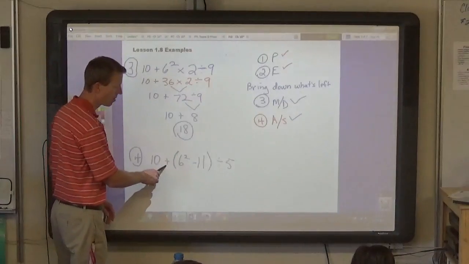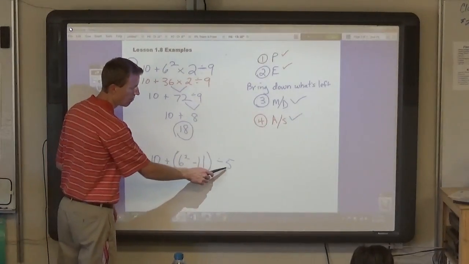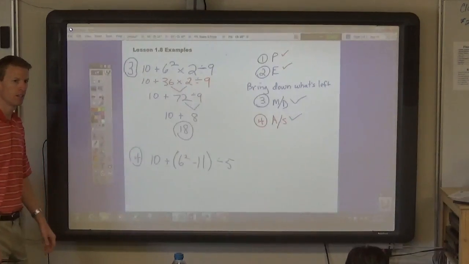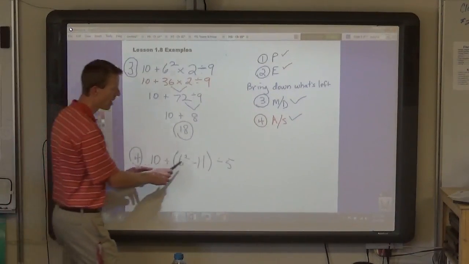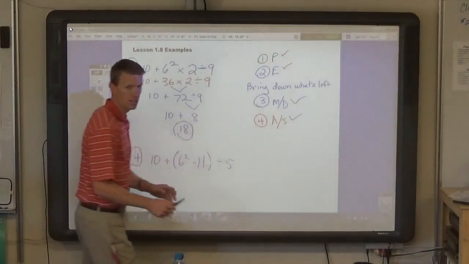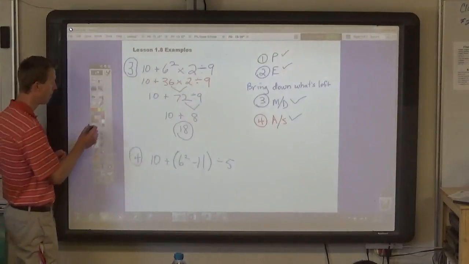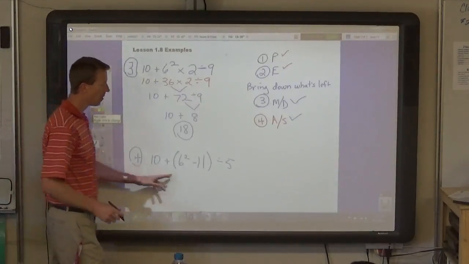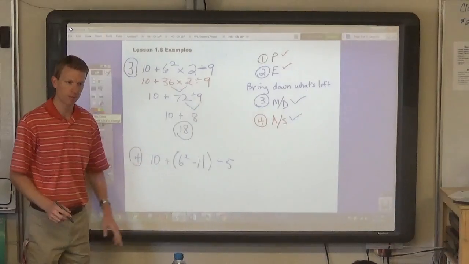10 plus 6 squared minus 11 divided by 5. If you try to do this on the side, it's going to be harder to keep track of what we've done. So, there are parentheses in this one. We have to solve inside the parentheses first.